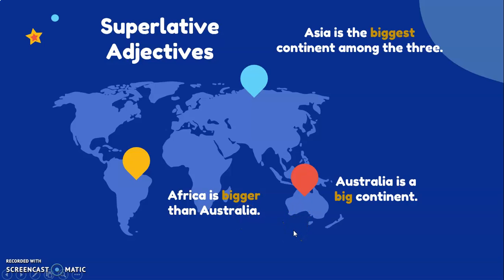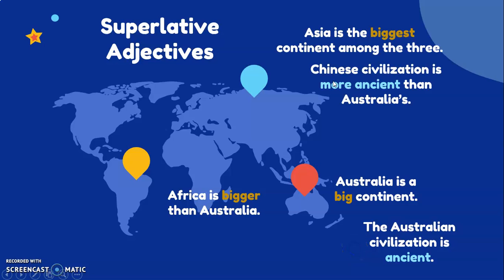What about for longer adjectives? Like here, ancient is a long adjective. So here the Australian civilization is ancient. It's old, however, Chinese civilization is more ancient than Australia's. It's even older.